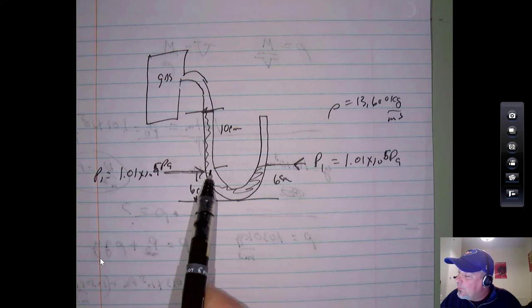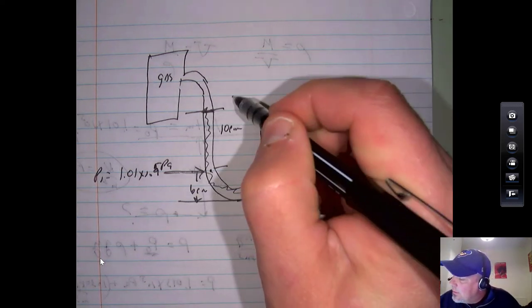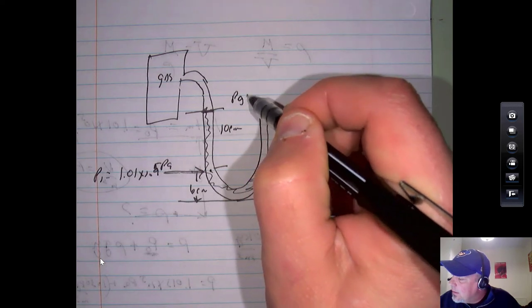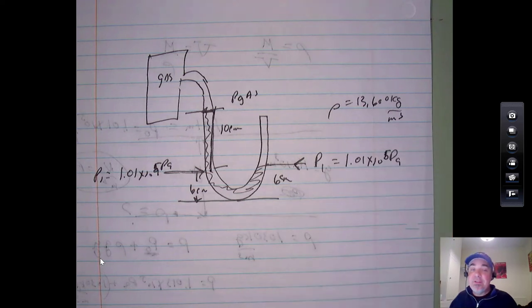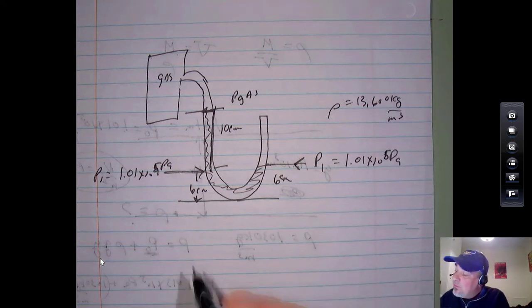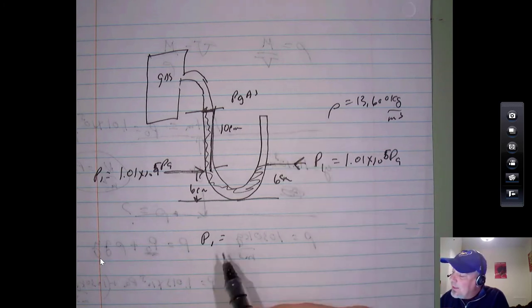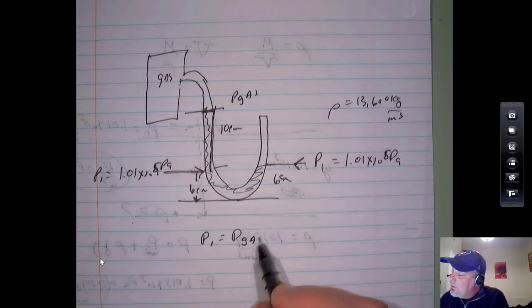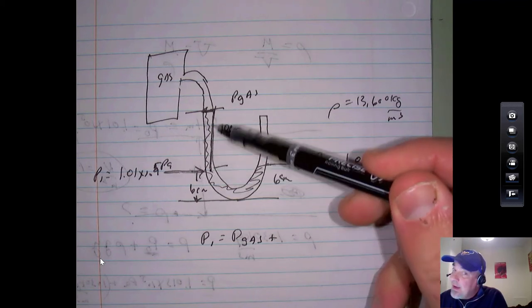The pressure here is equal to the pressure here plus rho GH of this column. So let me write out what I've just said. P1, pressure at depth, is equal to the pressure at the top, that's the gas pressure, plus rho GY of this column.